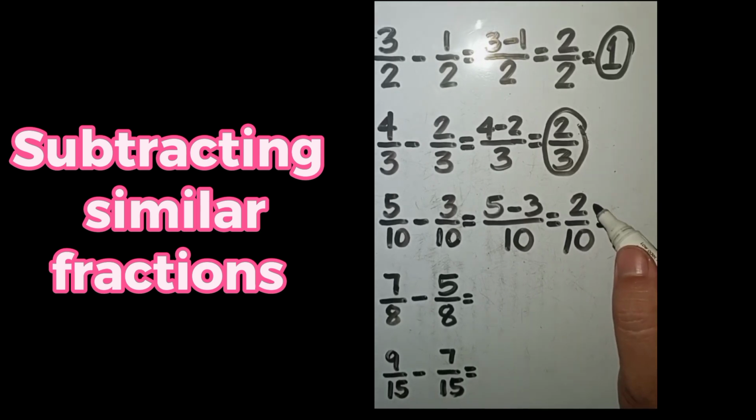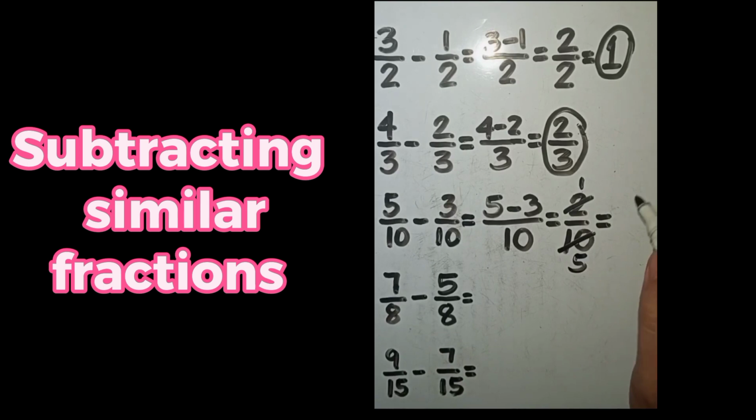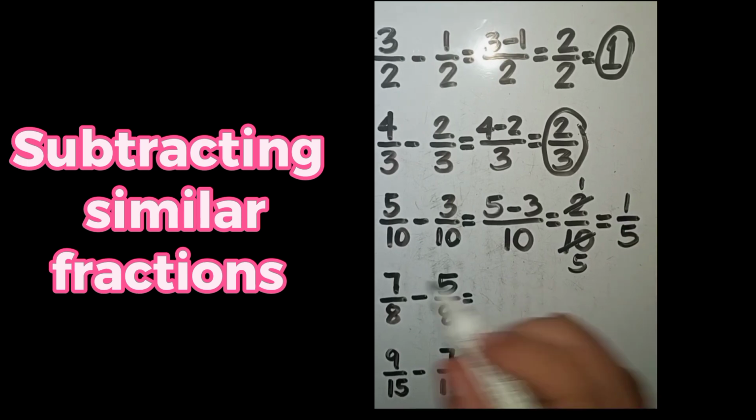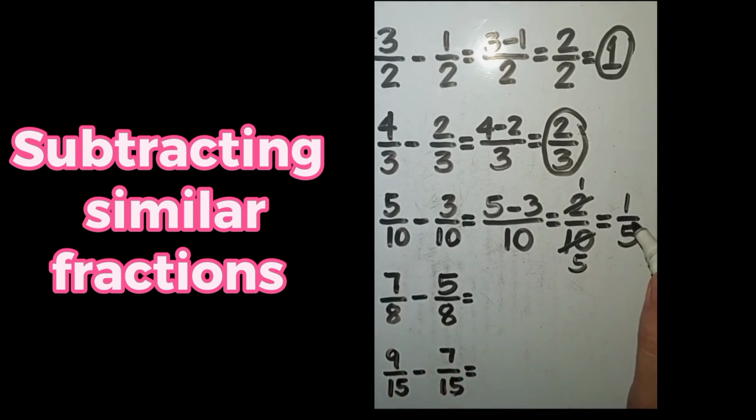So we have to divide both the numerator and the denominator by 2, which is their GCF, or the greatest common factor. So 2 divided by 2 is equal to 1. 10 divided by 2 is equal to 5. So the final answer would be 1 over 5. So 5 tenths minus 3 tenths is equal to 1 over 5, or 1/5.